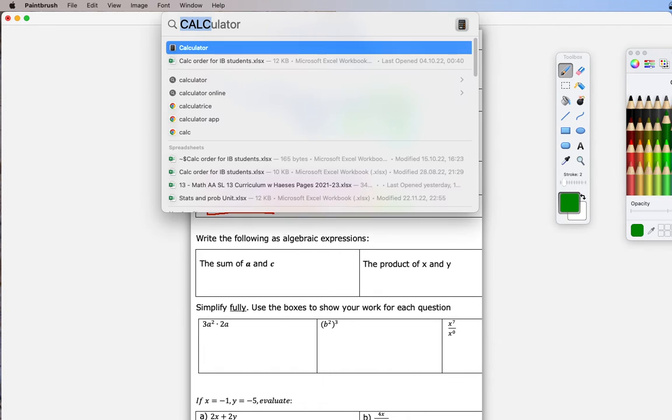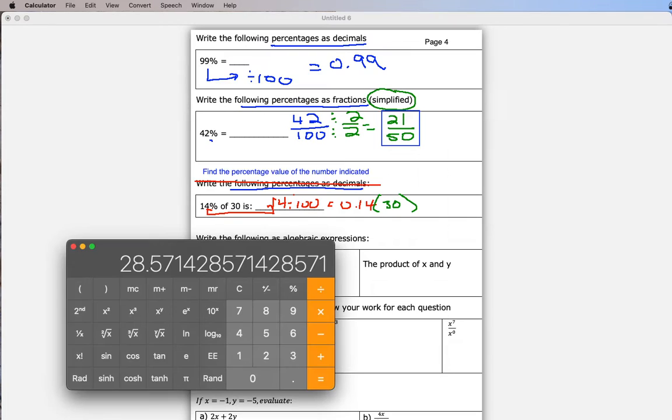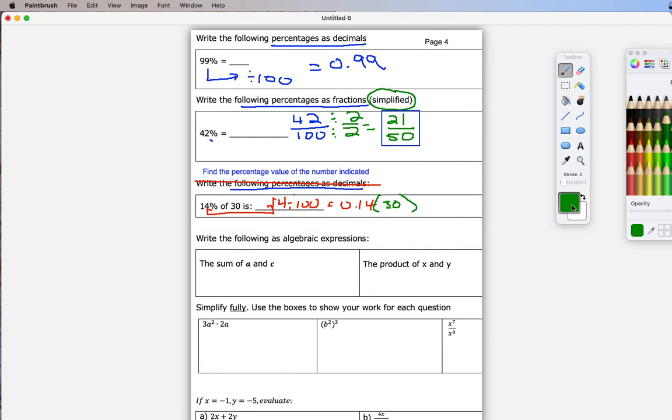So if I do that with a calculator, 0.14 times 30, I get 4.2. In this example, my answer is 4.2. There we go. So 14% of 30 is 4.2.